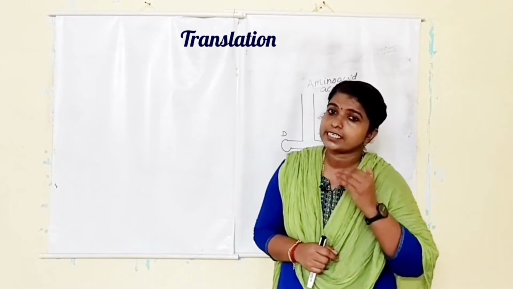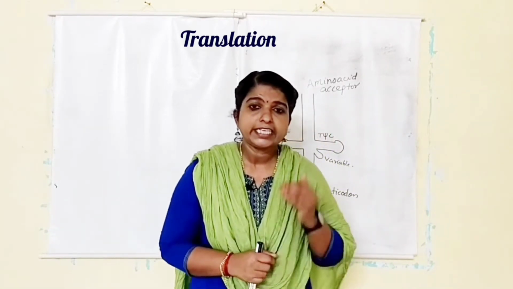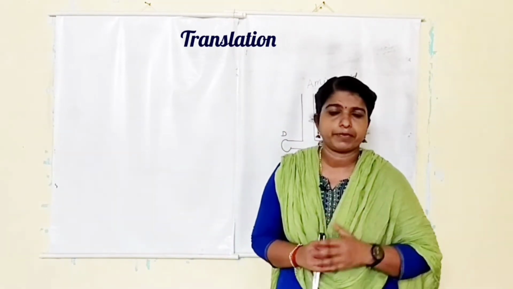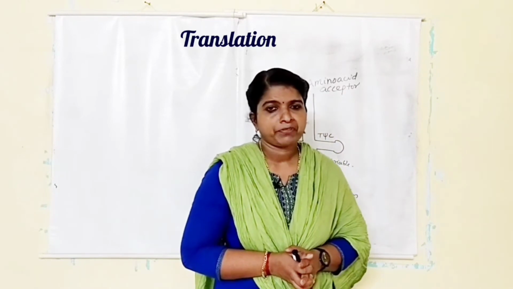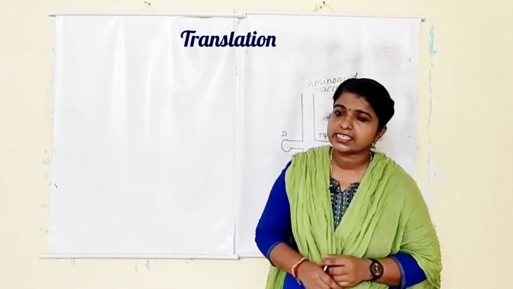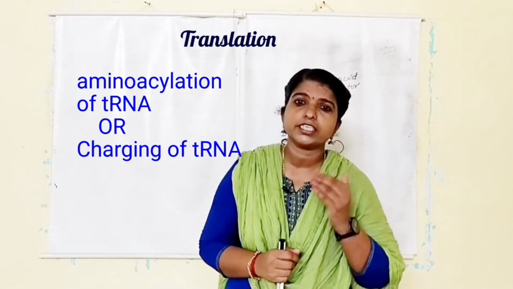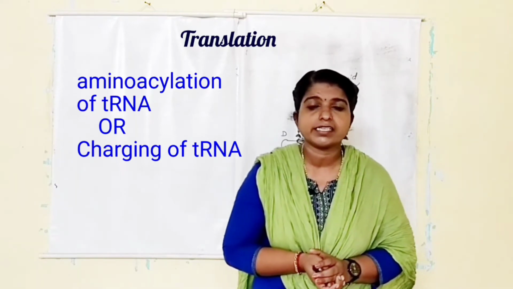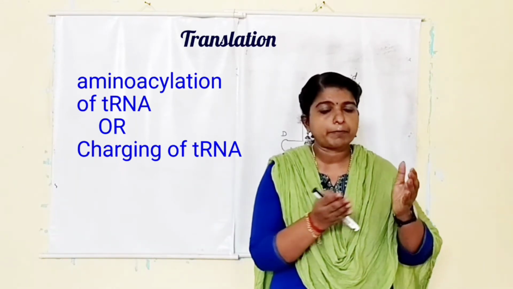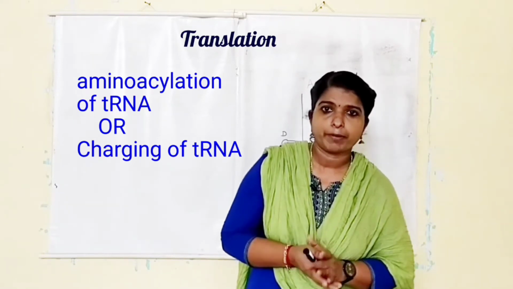So in the first step itself, the amino acids are activated in the presence of ATP and attached to the specific tRNA. This process is known as amino acylation of tRNA or charging of tRNA. When 2 such charged tRNAs come close to each other, the peptide bond formation will happen and it results in the formation of a peptide.